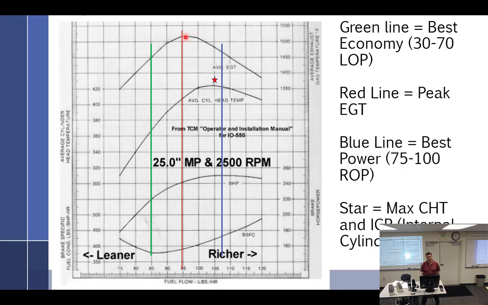Now 50 degrees rich of peak puts you right here. Good horsepower, that's my best power. EGTs have gone down, so we're losing less heat out the exhaust and more is staying in the engine.